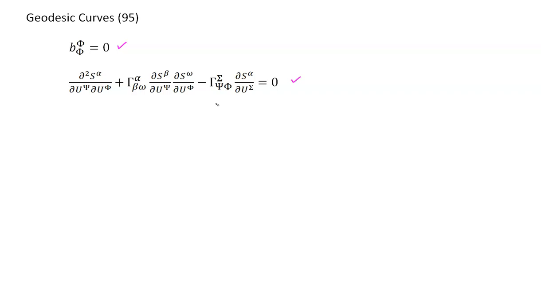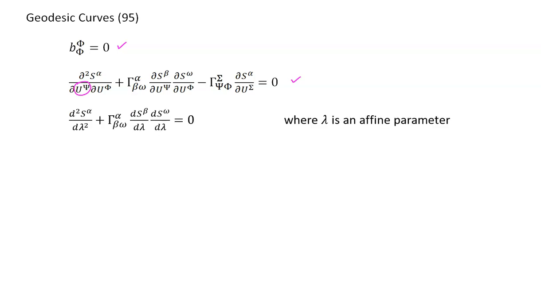We then showed that if we make a particular choice for our coordinate value for the curve, being that of an affine parameter, we can express the same condition this way. So this is the differential equation form for a geodesic curve, provided we're using an affine parameter. And remember what that means, that our affine parameter will be equal to a constant times the arc length plus a constant.